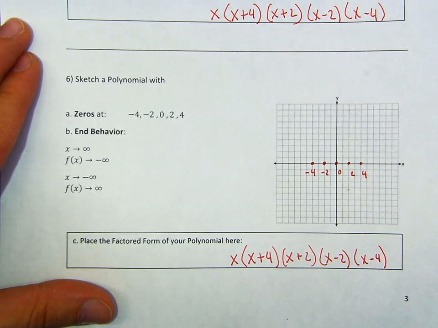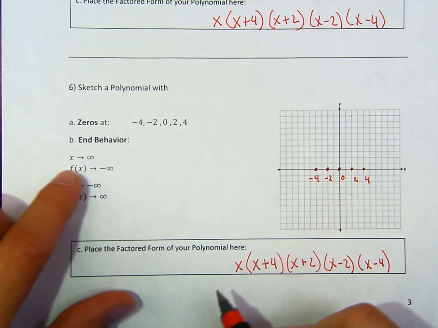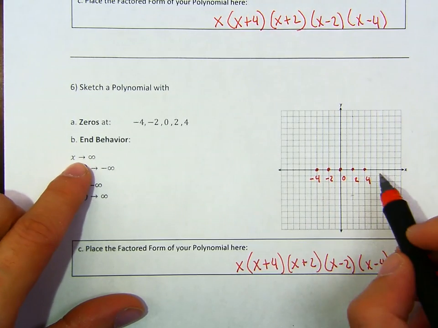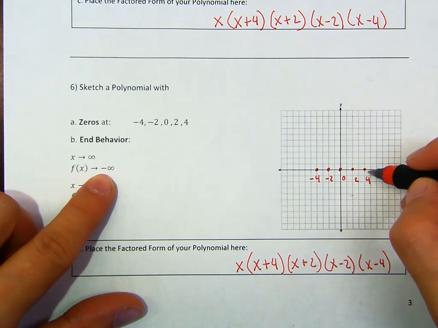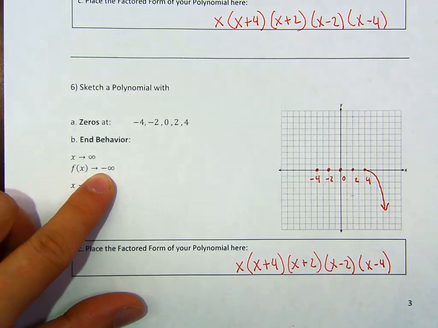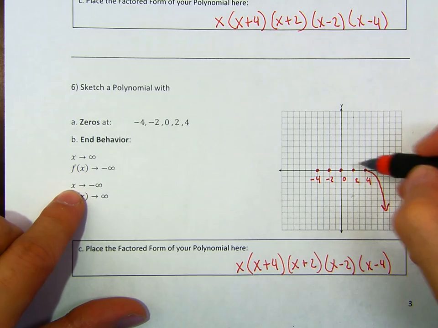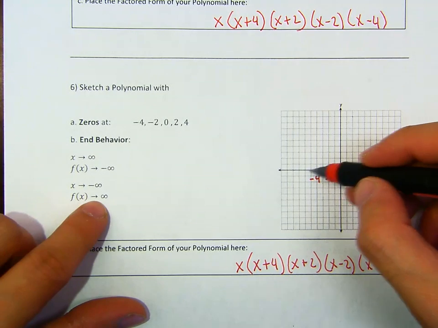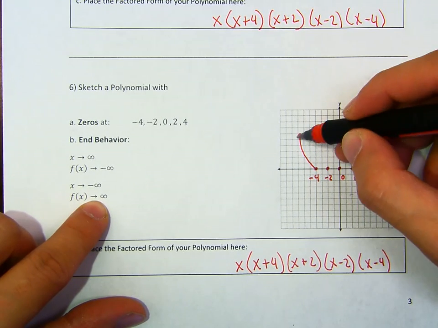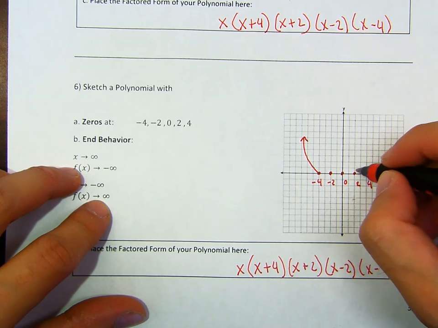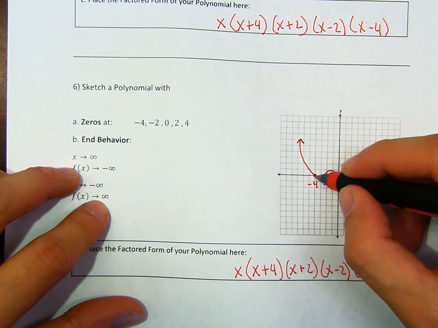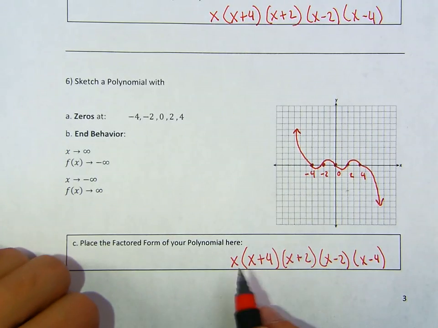Right? Okay. So what's the end behavior for this? As x is going to positive infinity, f of x is going to negative infinity. As x is going to negative infinity, f of x is going to positive infinity. And then you just draw it out like this. Okay, and that's the graph.